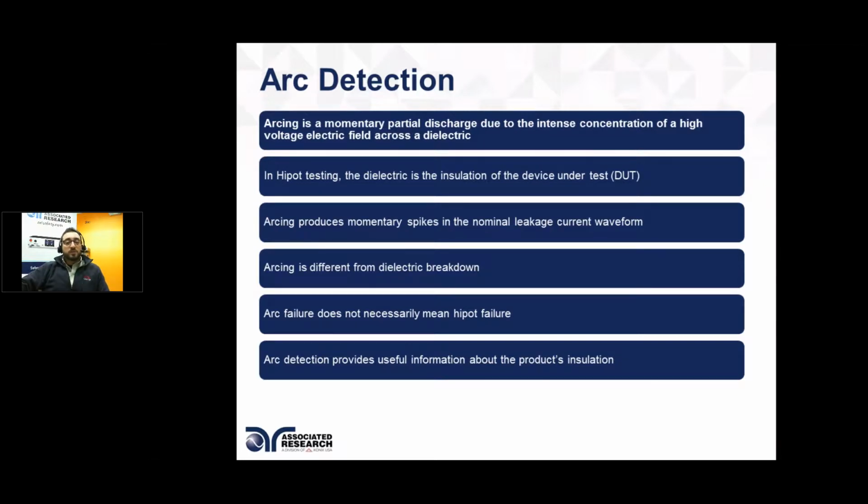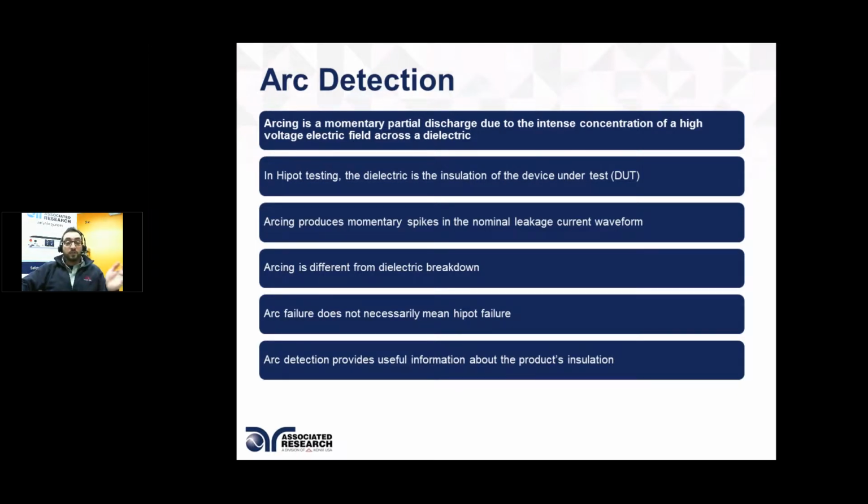So it just gives us some extra information, and an arc detection failure really doesn't mean that it's a HiPod failure or that the insulation has failed. It's just a momentary partial discharge, so that doesn't mean that the insulation is totally bad and needs to be replaced.